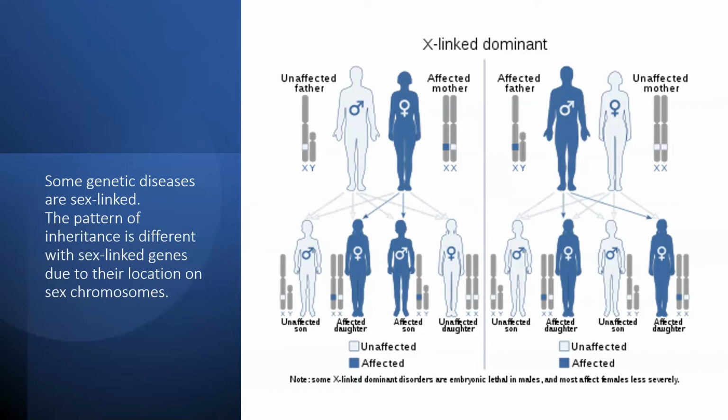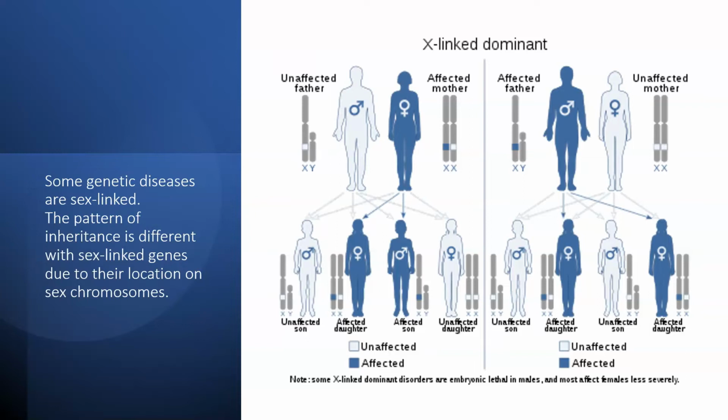If you now look at the offspring, any sons will inherit the Y chromosome from the father. They can still inherit the X chromosome, which has the affected allele on, from the mother. So there is still a chance that they could be affected. Both males and females can end up affected because we are talking X dominant.